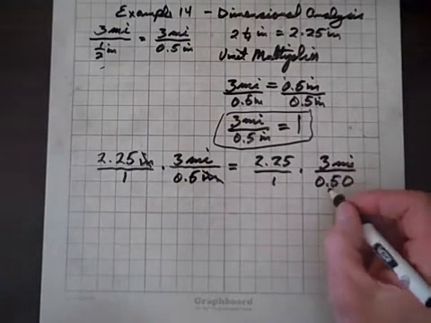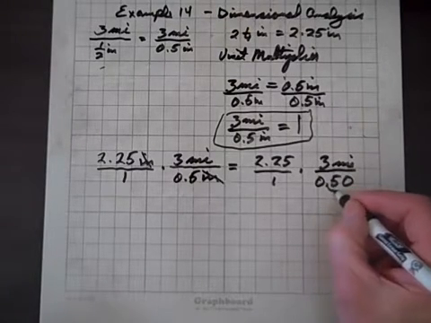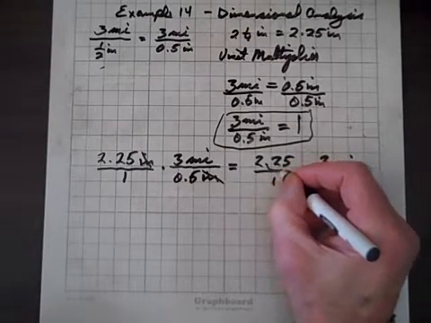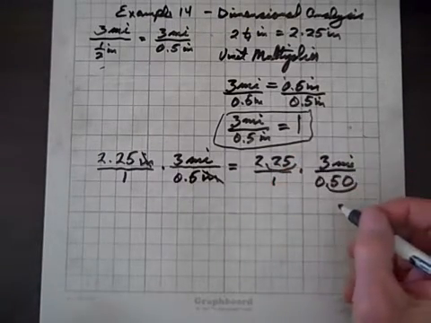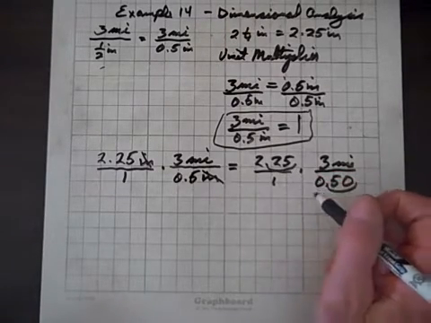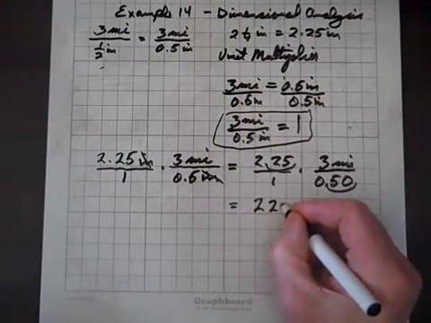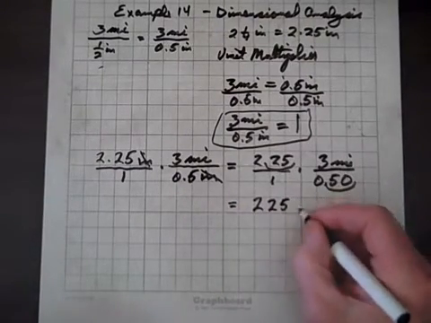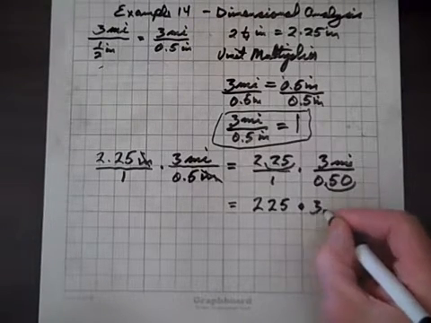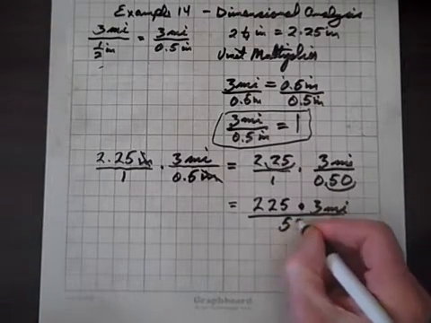Now look, wouldn't it be nice to get rid of these decimals? Well, we can do that. If we move this decimal 2 places to the right, we can do it as long as we move this decimal 2 places to the right. We did it in the denominator, we also have to do it in the numerator. So now we have 2.25 times 3 miles over 50.